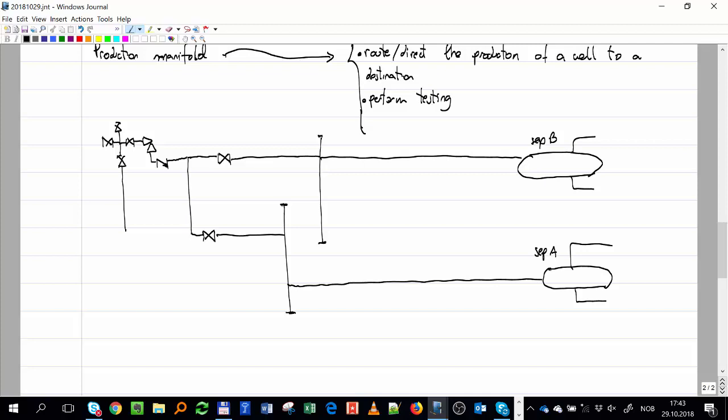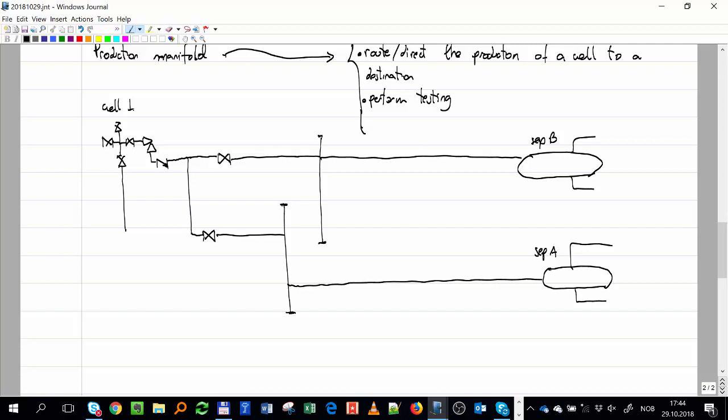Say we want to produce well 1 to separator A. What do I open? What do I close? Simply open this valve, close that valve. If I want to do the opposite, close that valve, open this valve. Send to separator A or B. So now you have your first exercise: take paper and pen and do the same, but for two wells.